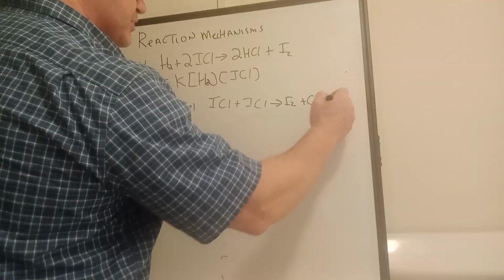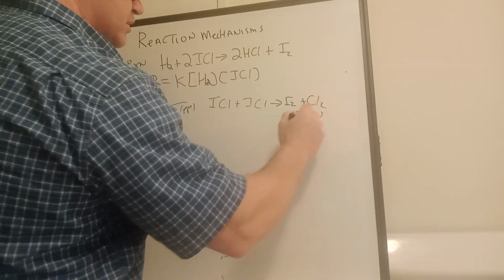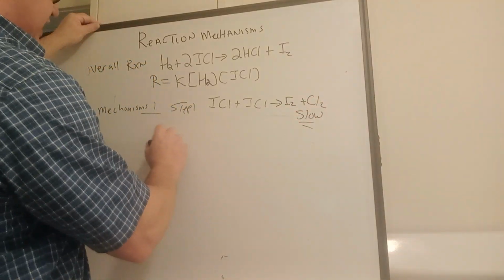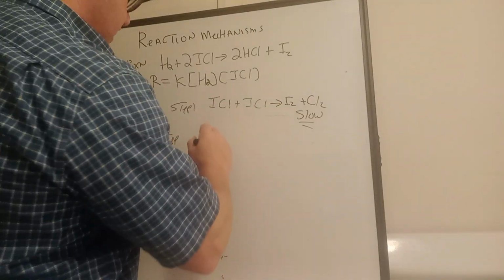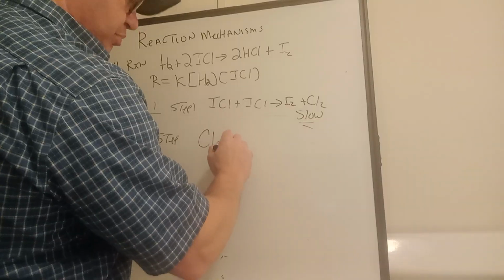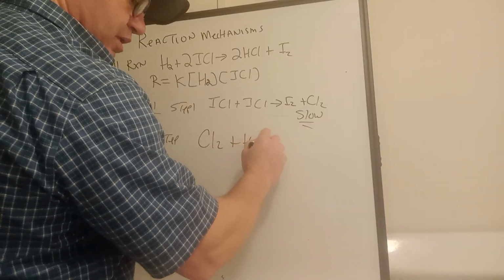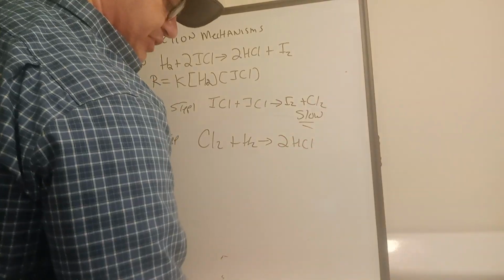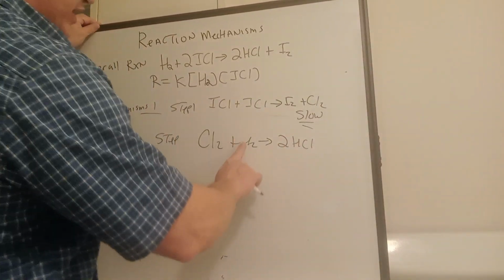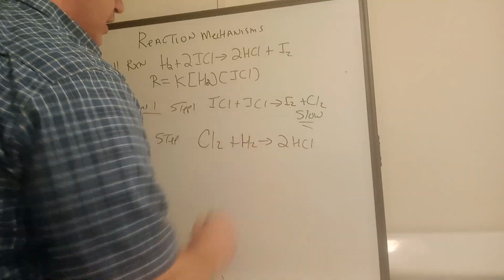And we're told this step is slow. The first step is slow. The second step, step 2 in the mechanism, is Cl2 plus H2 going to 2HCl. Everything's in the gas phase. I'm not going to keep writing it out.